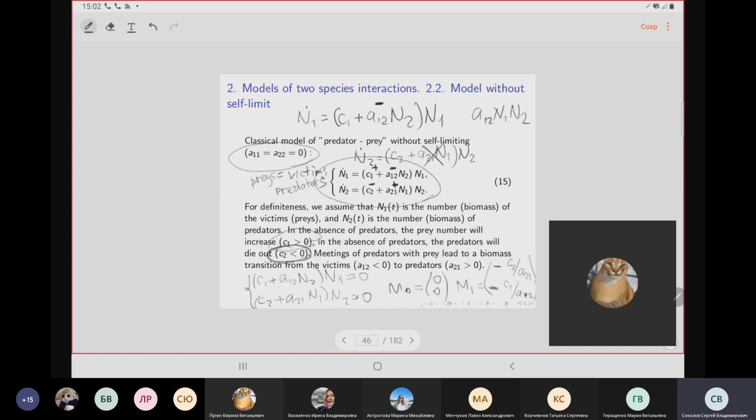So we got the steady states. But the main question is, what is the sign of this second steady state?